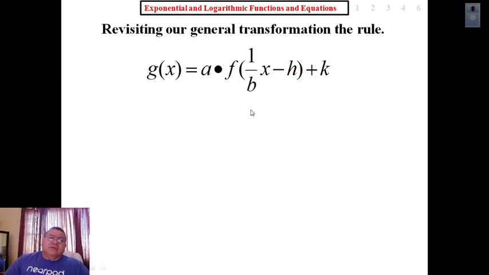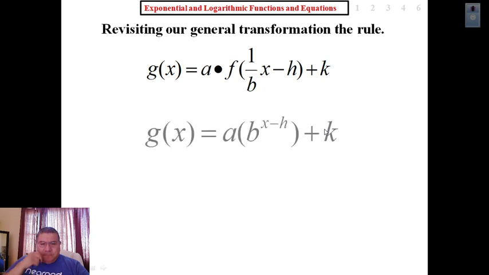Okay, so now look at the new general form function that we are going to be looking at. G of x equals a times b to the (x minus h) power, plus k. Do you notice that there's a lot of similarities with this and this?